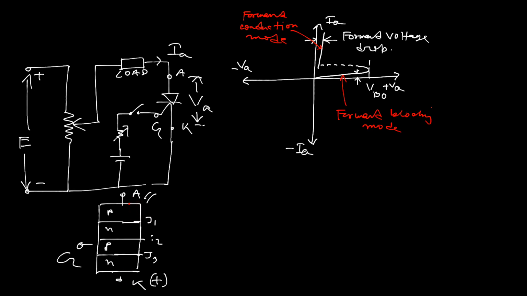Once the junctions J1 and J3 undergo avalanche breakdown, an inrush of current tries to flow in the opposite direction throughout the device. That provides a huge amount of loss, which is converted to a huge amount of heat. Due to the production of this heat, junctions J1 and J3 can be permanently damaged. That means the switch can be permanently damaged.